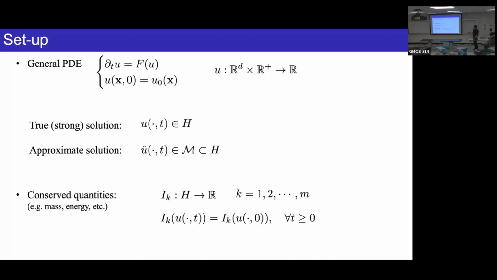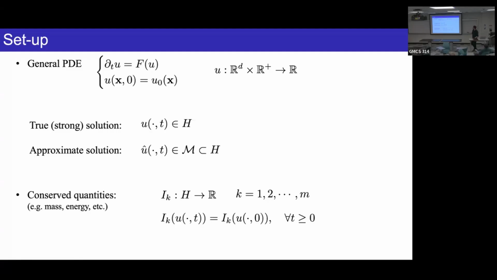So the true solution of the PDE, I'm going to denote by u. At any time t, I'm going to assume it belongs to some Hilbert space. For simplicity, just think of H as L2 usually, but it could be Sobolev spaces as well. I'll mention that all I will talk about today is about strong solutions of the PDE, so I will not discuss weak solutions.